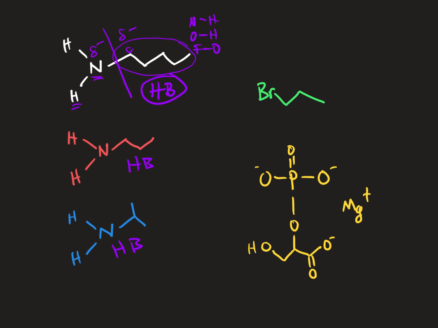For bromine it's 2.8, and for carbon it's 2.5. So the difference is only 0.3, so I mean it's polar, but it's not polar enough to worry about, so we can neglect that. Therefore this is nonpolar, that means it's London dispersion.